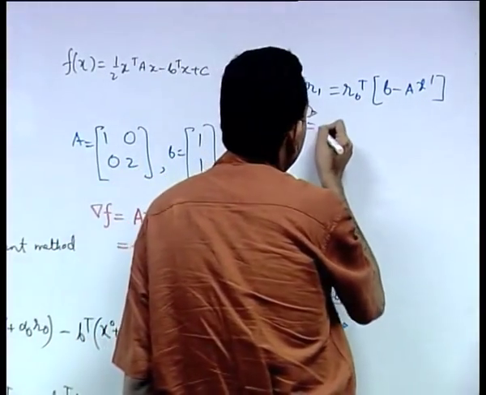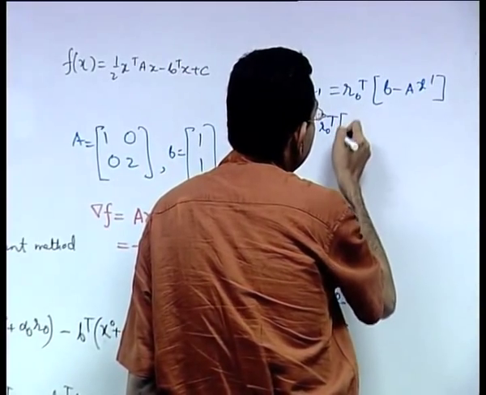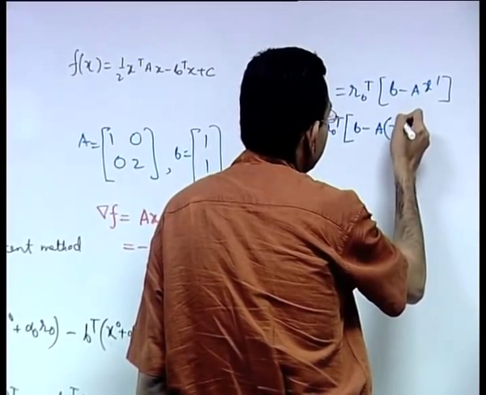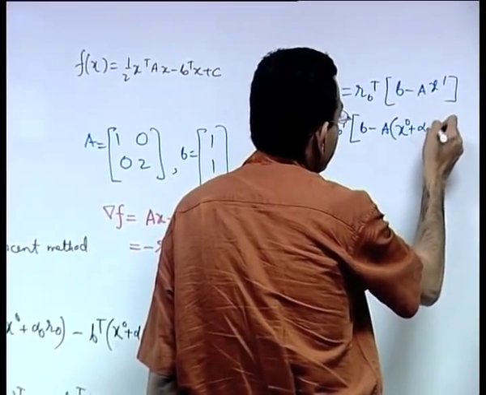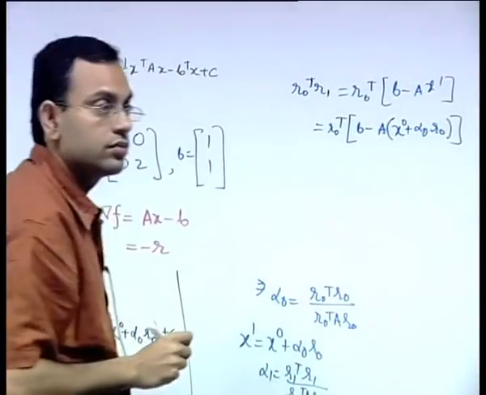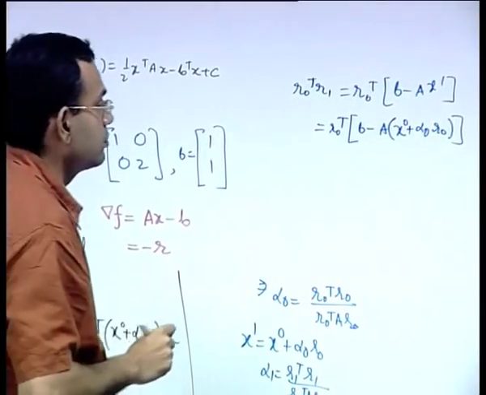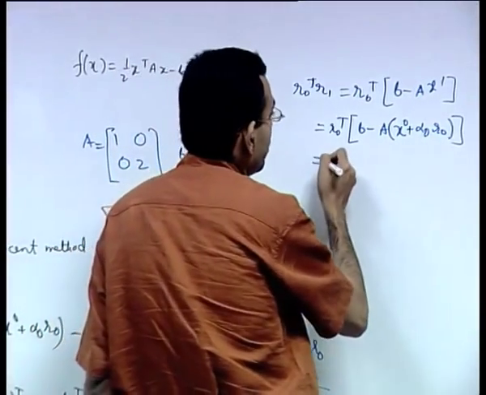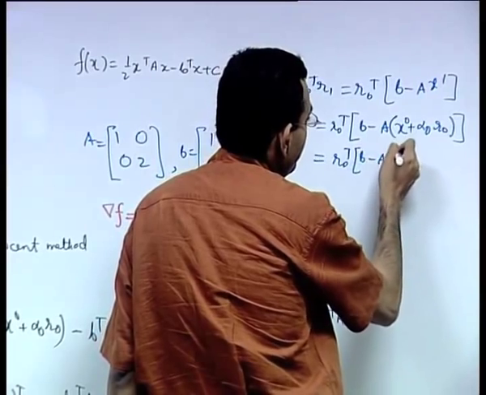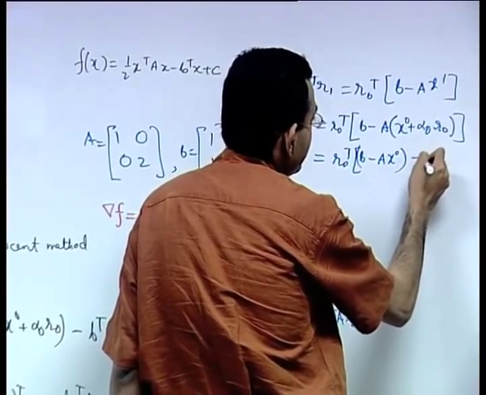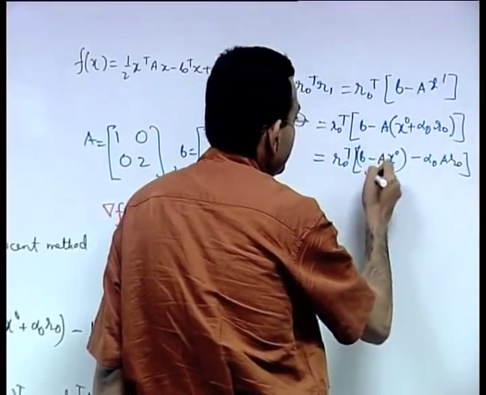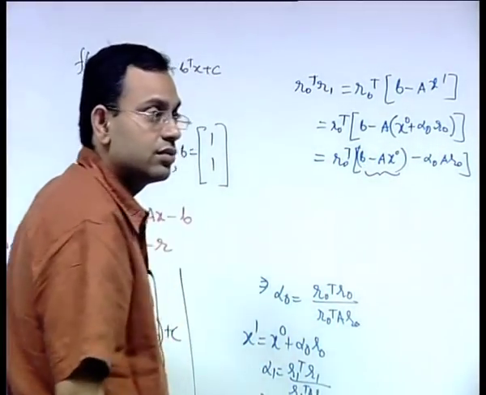In place of x1 we can write x0 plus alpha 0 r0. So r0 transpose, b minus A x0 minus alpha 0 A r0. What is b minus A x0? That is equal to r0.